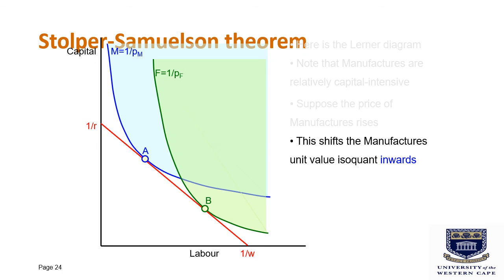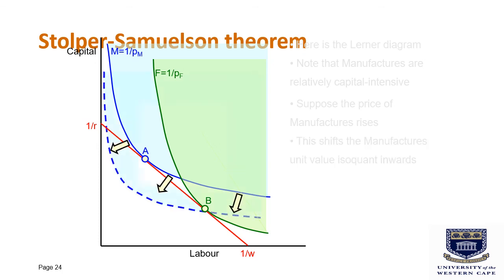This is something we did earlier, with the inverse relationship: when prices go up, the isoquant value goes down. The M value goes down. We have a shift leftwards or inwards of the isoquant in order to ensure that the value of the isoquant remains equal to 1.